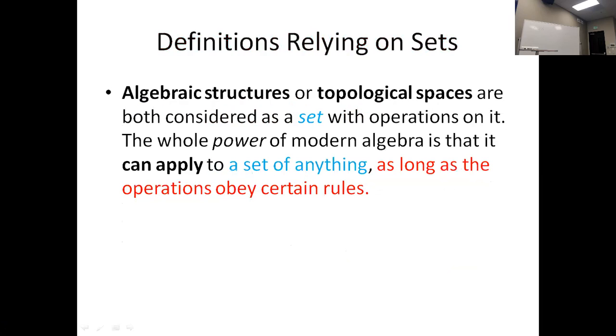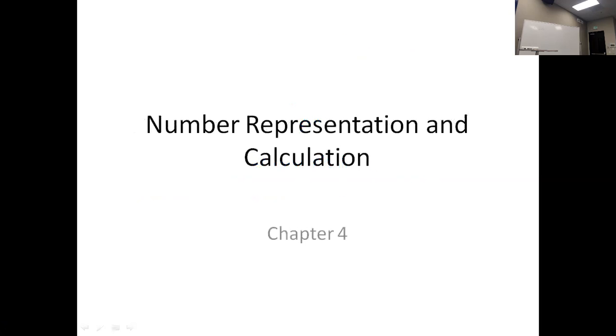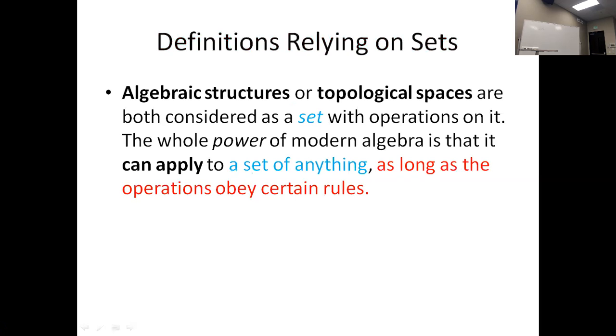Algebra and topological spaces use sets heavily. The whole of modern algebra is that we can apply a set of anything as long as the operation obeys the rules. So don't worry about those. It can be confusing at this time, but please read them and remember what we are talking about.